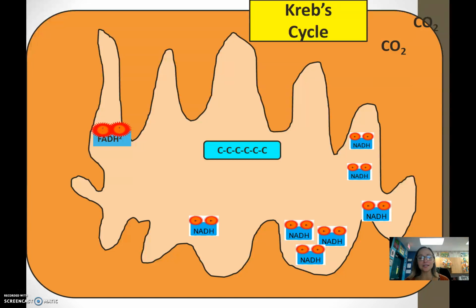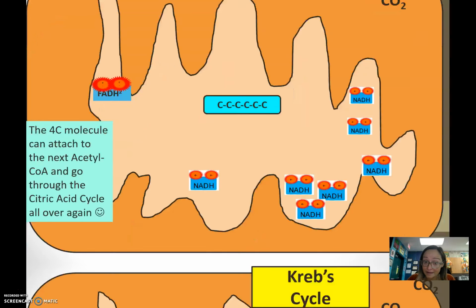But here, the oxidation of pyruvate and the Krebs cycle both happened twice because there were 2 pyruvates. So this acetyl right here is because of the second pyruvate. Here it's our second acetyl-CoA, so we'll go through the Krebs cycle again.